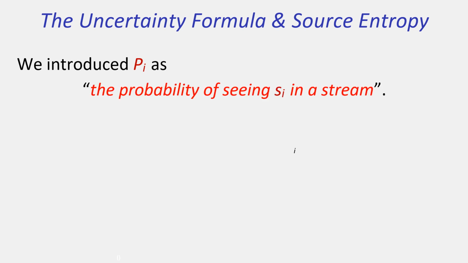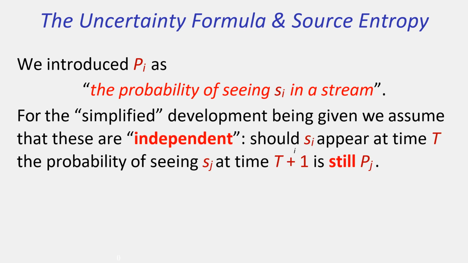So we have this notion of what is called the uncertainty formula and the source entropy. We introduced P sub I, this probability, as the probability of seeing a particular character in a stream of characters.